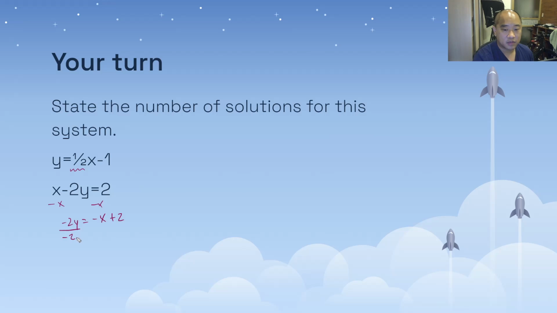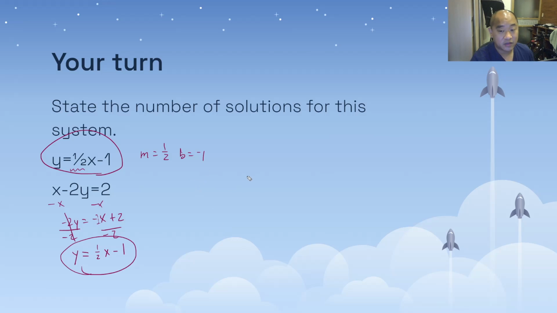We're going to divide by -2 on both sides, and that'll give us y equals 1/2, because -1 divided by -2 is a positive 1/2, x minus 1. You can see here these two equations are the same. They have the same slope of 1/2 and the same y-intercept of -1. That means this is going to have an infinite number of solutions.